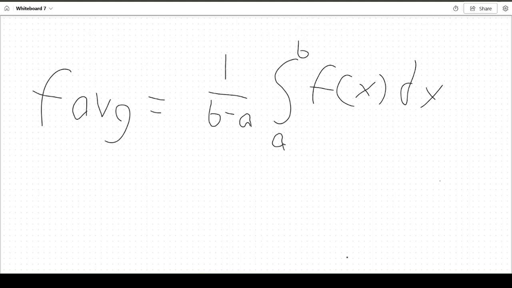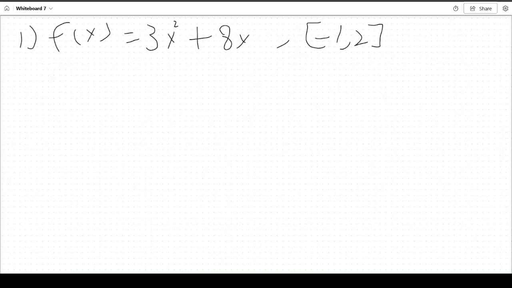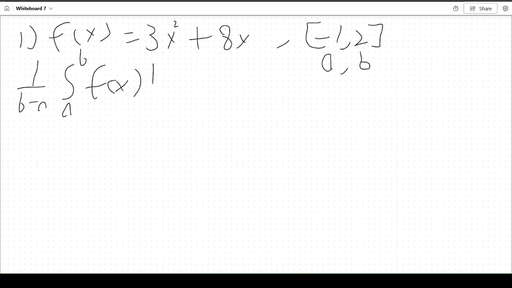So let's take a look at some examples. Now look at this example. Here we have a function and we have a set of values. The first value would be a, and the second would be b. Now let's put in our equation of 1 over b minus a times the integral from a to b of f(x) dx.